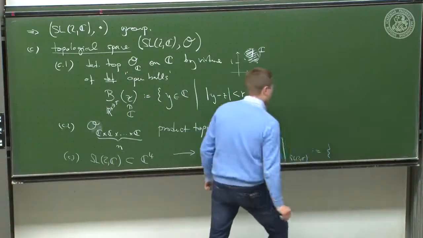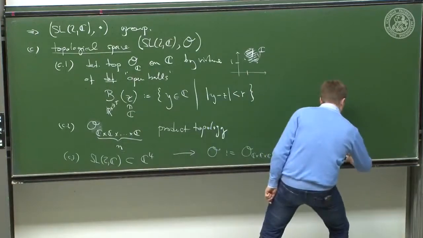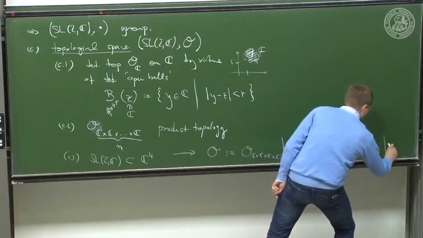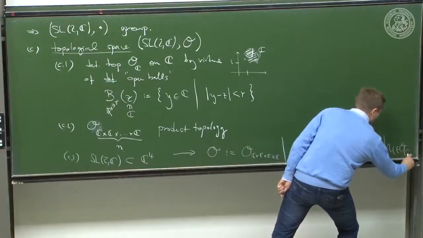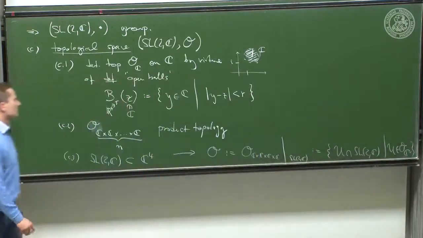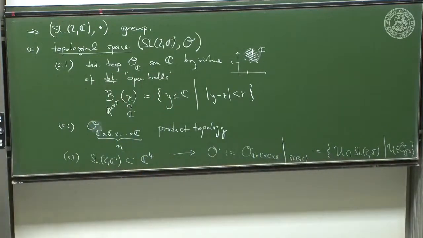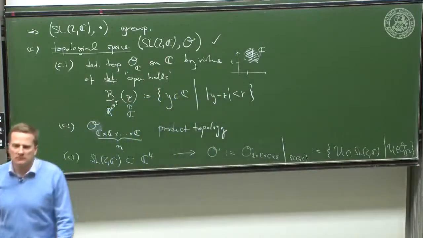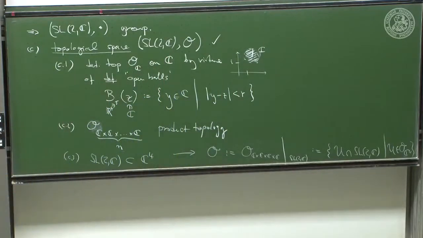Those were all the sets of the form U intersected with SL2C, where U was open in C4. And then we have a topology, and we equipped SL2C with some topology. Very natural to do that, right? Okay, so now we have SL2C, a topological space.